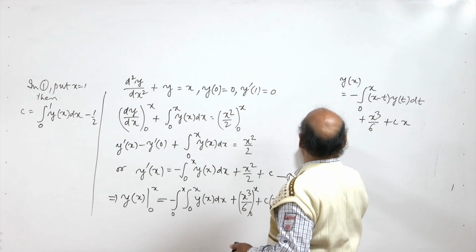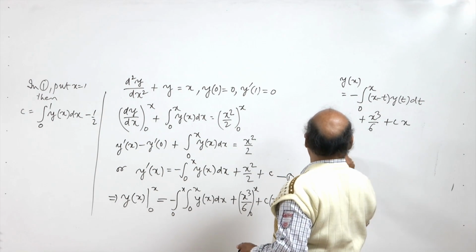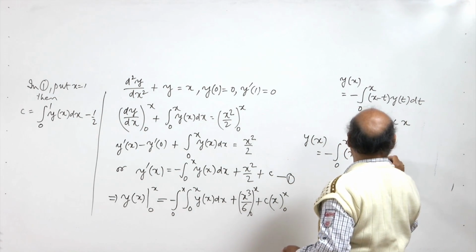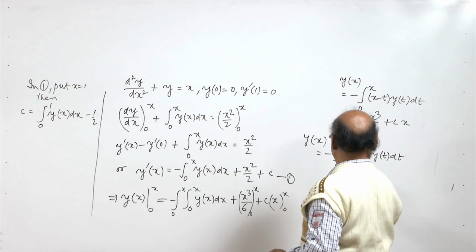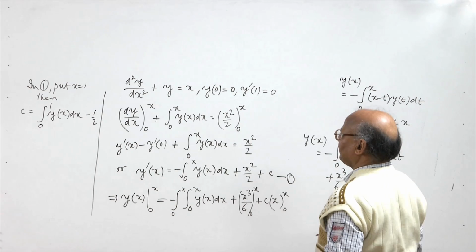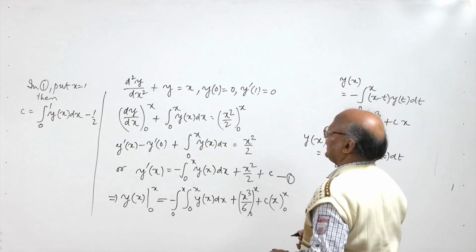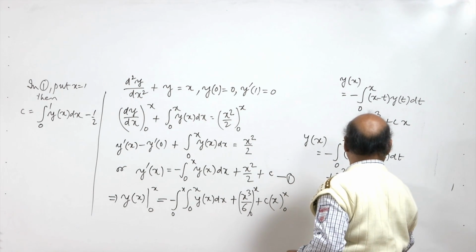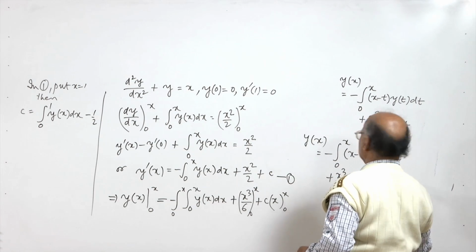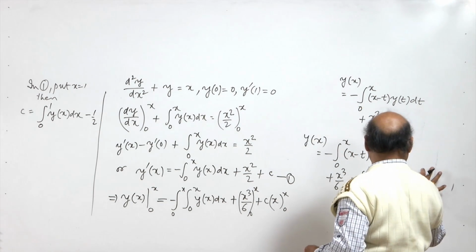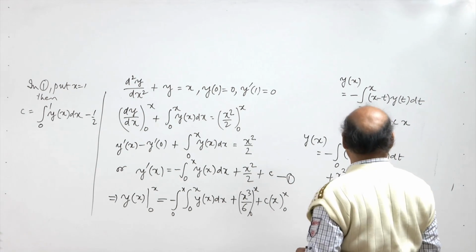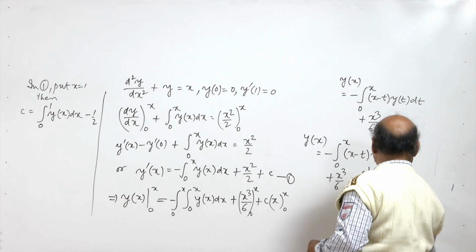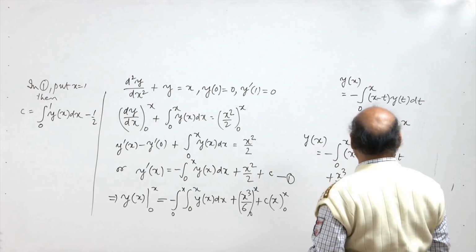So y(x) equals minus integral 0 to x, (x - t) y(t) dt, plus x³/6, plus we multiply that value of c by x, so x times integral 0 to 1 y(x) dx minus half x.